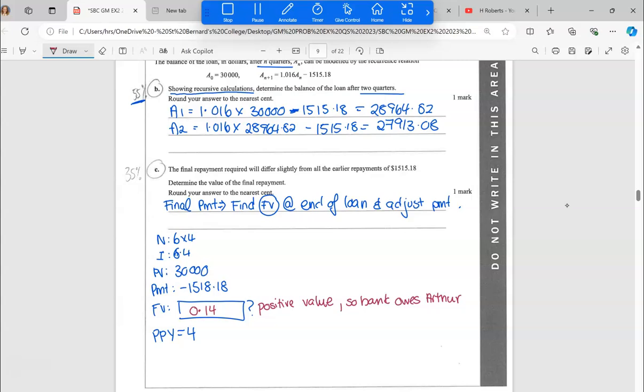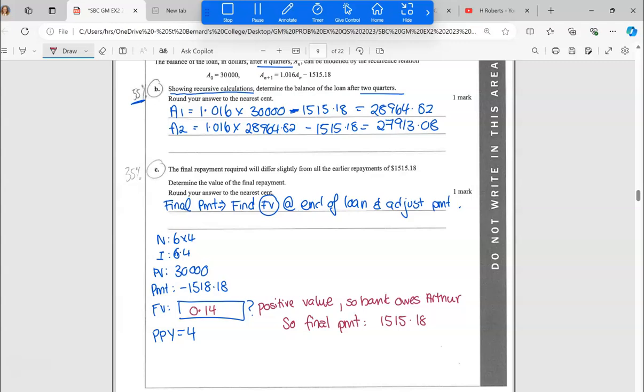So instead of owing him 14 cents after all those payments, they said no. So for the final payment, instead of you paying the normal payment, they'll say, we just want you to pay the normal amount, but minus the 14 cents so that we're all square when we get to the end of the time. So we'll do that and we're going to minus the 14 cents.